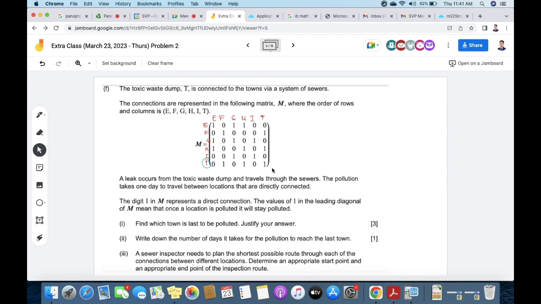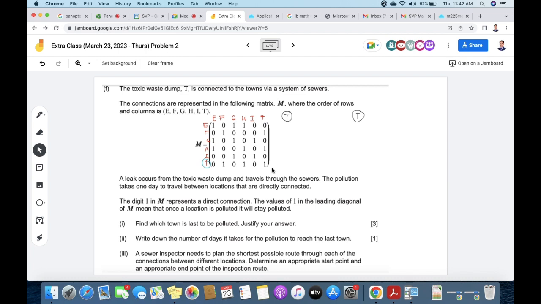I will start it and I'd like you to continue and find it out. So I'll start with sewer T and then here also T. Can you give me the first sewer directly connected to T? Which sewer is connected to T?